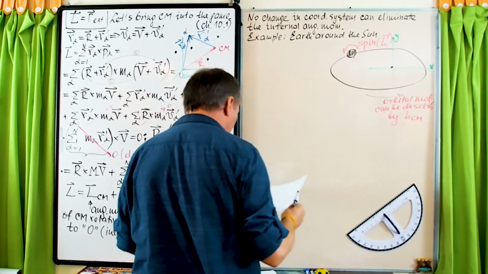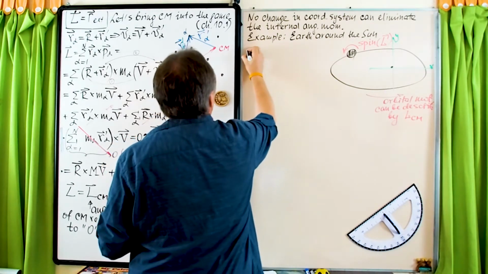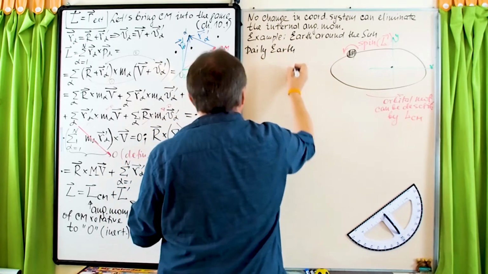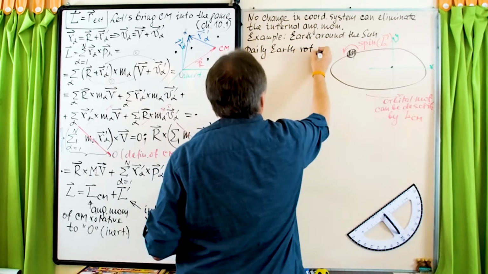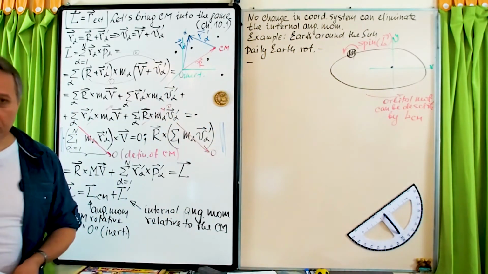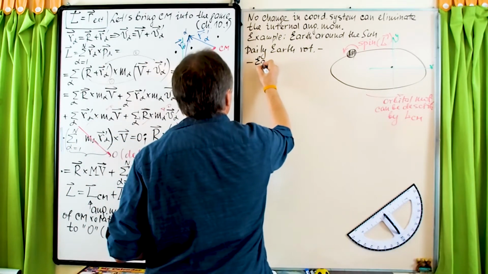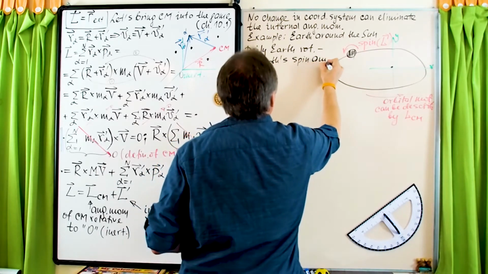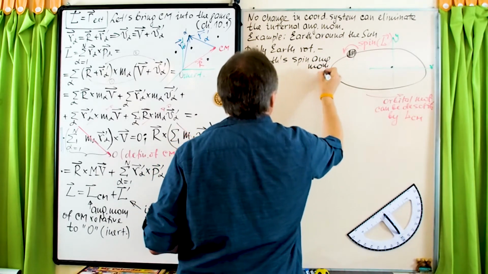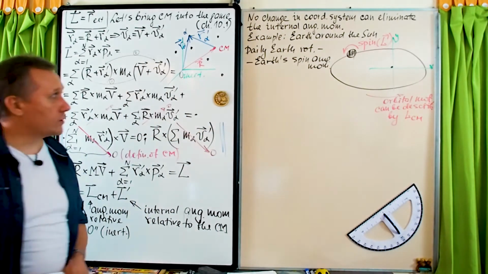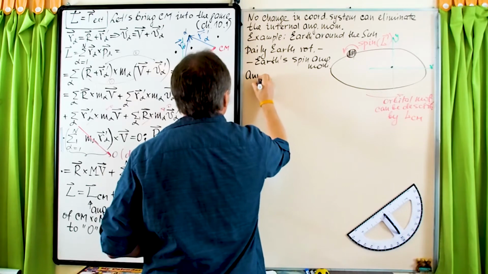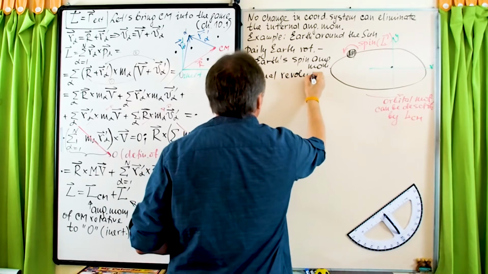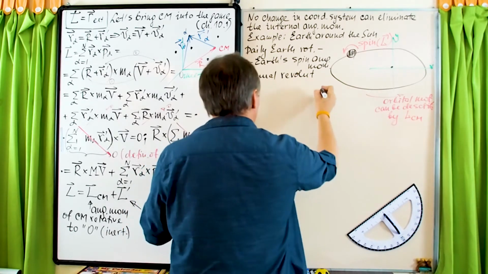Okay, and I can write this also. Daily Earth rotations, that's spin angular momentum, Earth spin angular momentum, and of course the annual revolutions, that's the Earth orbital angular momentum.